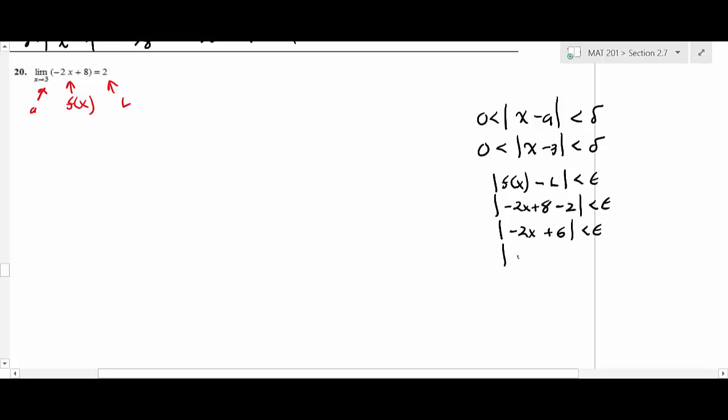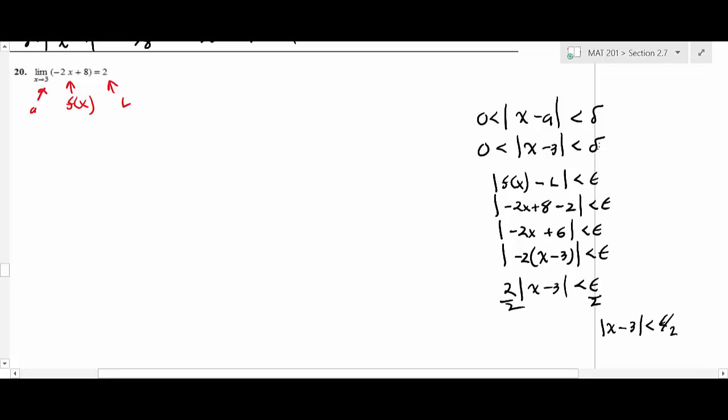We can now factor a negative 2 out. You can take the absolute value of negative 2 out, so you would have 2|x − 3| < epsilon. Then you could divide by 2, so you would get |x − 3| < epsilon/2.